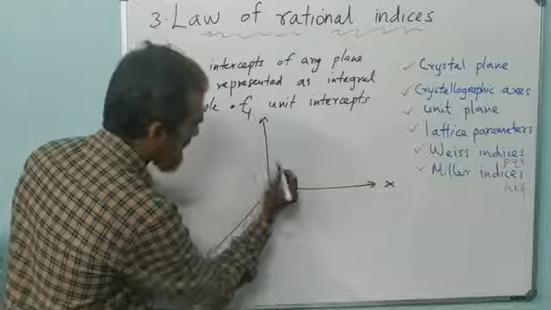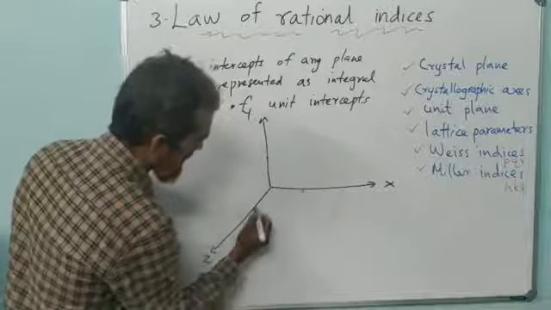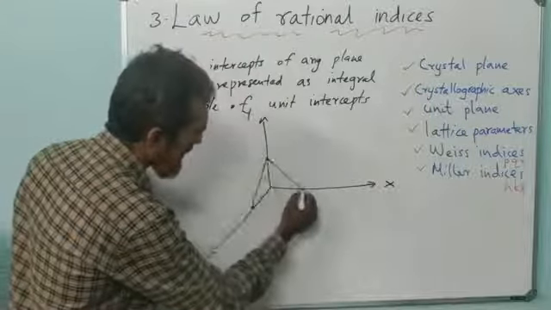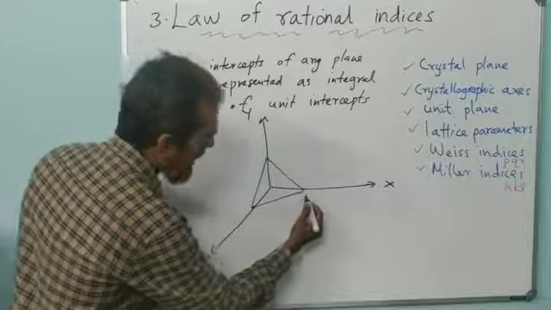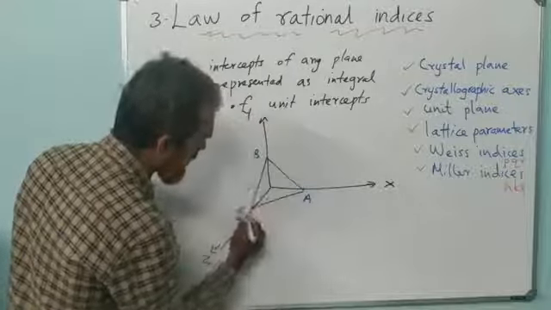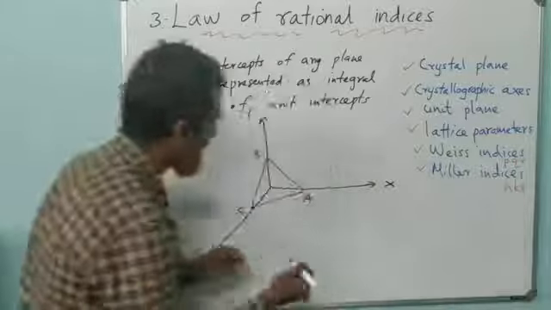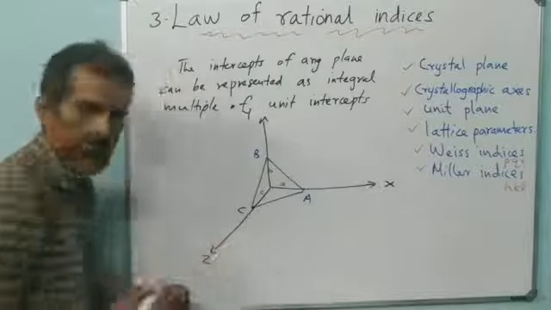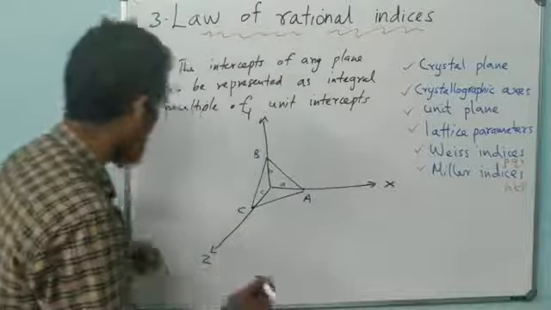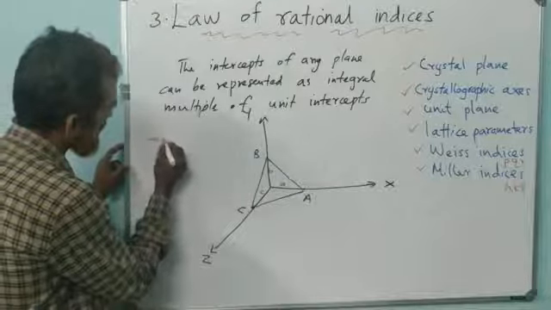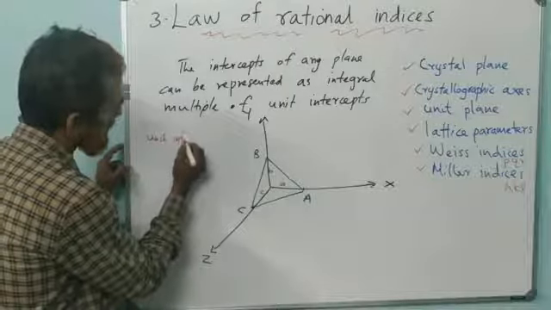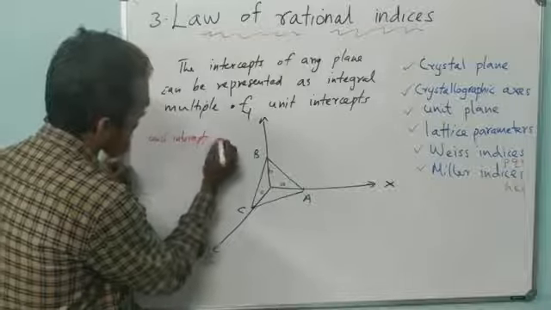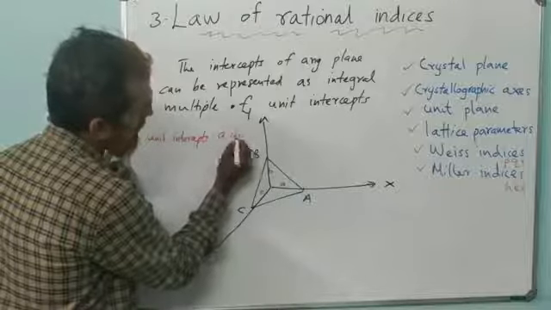This is A, this is B, this is C. I'm marking A, B, C as the unit plane. So what about the intercepts? This is small a, small b, and small c. So the unit intercepts, or the intercepts of the unit plane, are a : b : c.